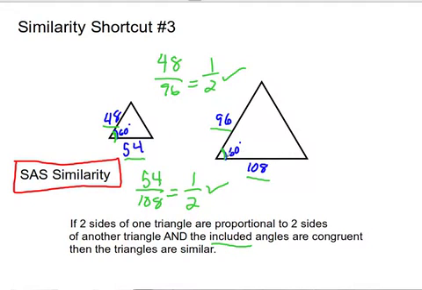The included angle is the same measure, so the shortcut that we can use to say that this triangle here is similar to this triangle here is SAS. Side, angle, side. Alright, so those are the three shortcuts. Hopefully you have that down in your notebook so you can use that in class when we do the problems that are associated with this.